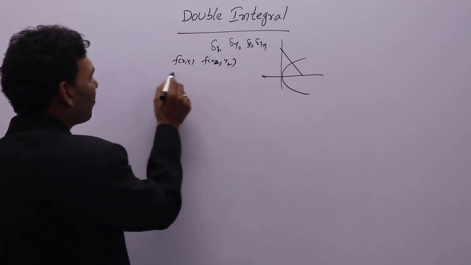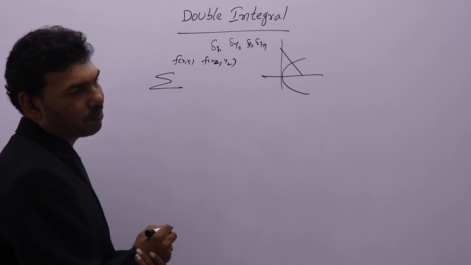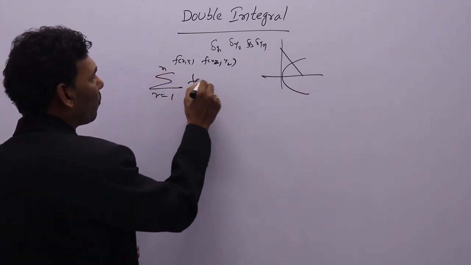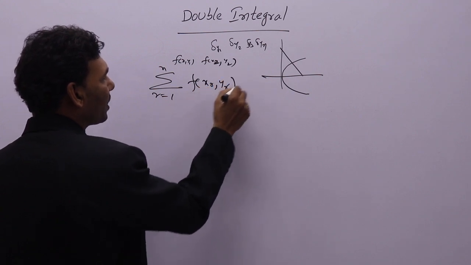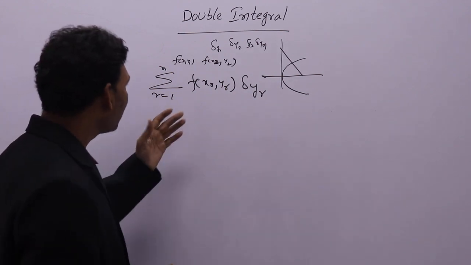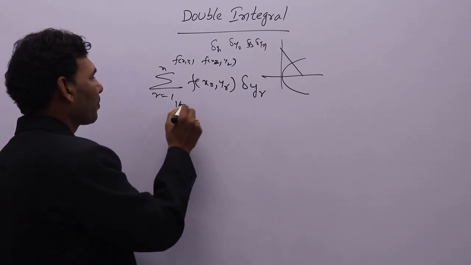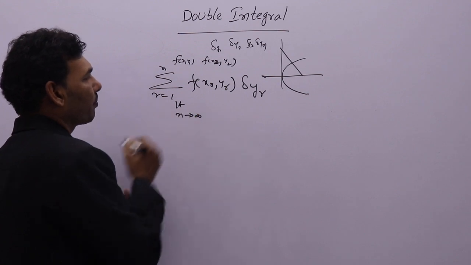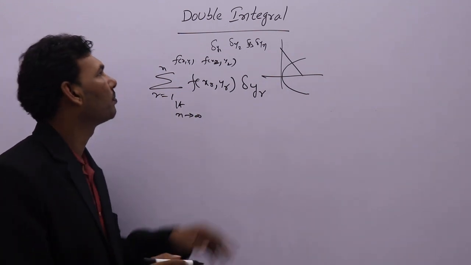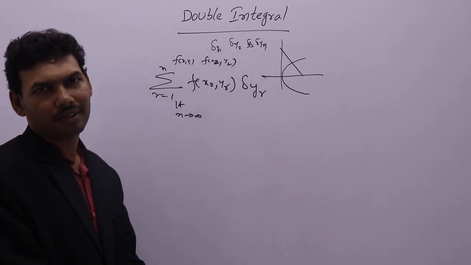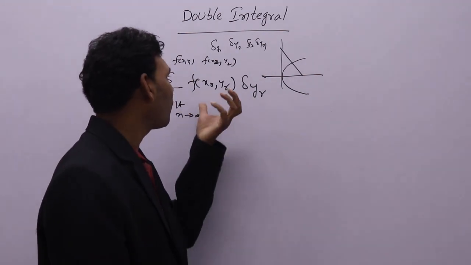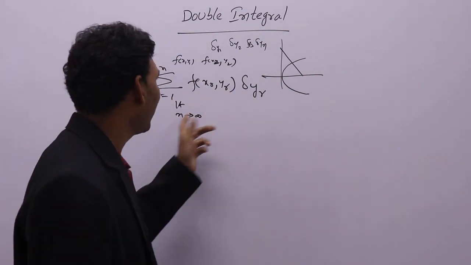Then the sum over r equal to 1 to n of f of xr comma yr into delta yr. If this sum has a limit as n tends to infinity, that value is called the double integral.